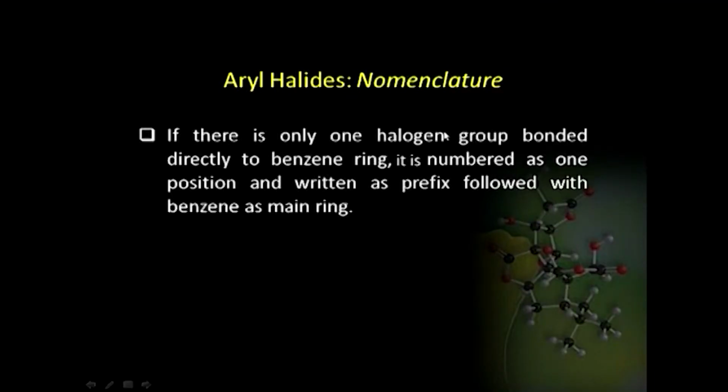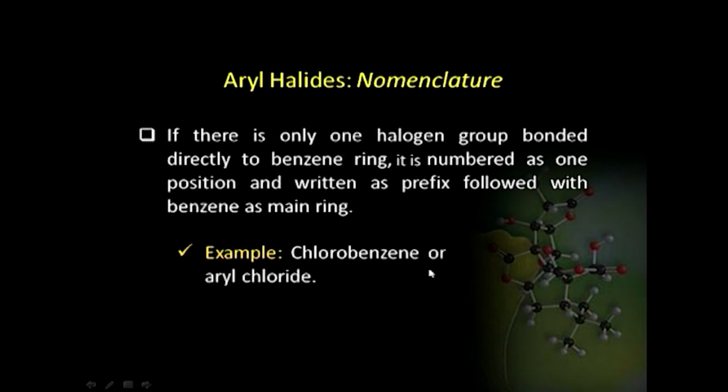As far as the nomenclature of aryl halides is concerned, there can be only one halogen present in the benzene ring, or there can be more halogen atoms. If there is only one halogen atom bonded directly to the benzene ring, it is numbered as one position and written as a prefix followed by benzene as the main ring. So, for example, chlorobenzene, or we call it aryl chloride also.